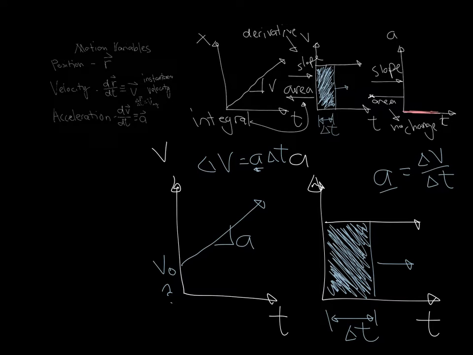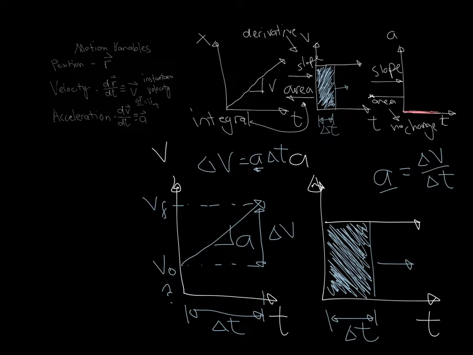And we can also calculate some net change, some final velocity, and how it changed from some initial velocity. This is the delta V across some amount of time, delta T.